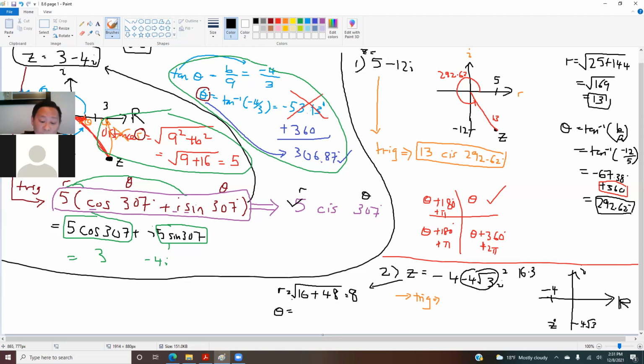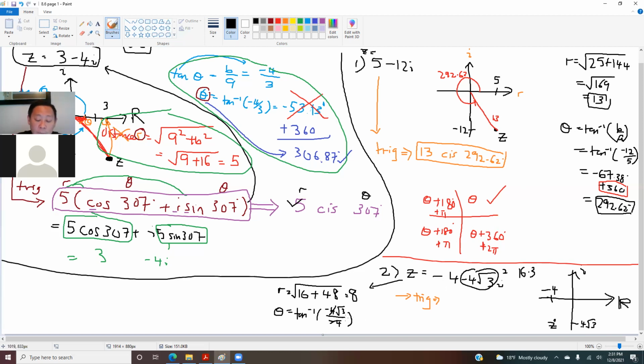Theta is, again, we use the arctangent of b over a, and b in this case is -4 root 3, and a in this case is -4. So again, the -4 and the -4 will cancel, so it becomes root 3.